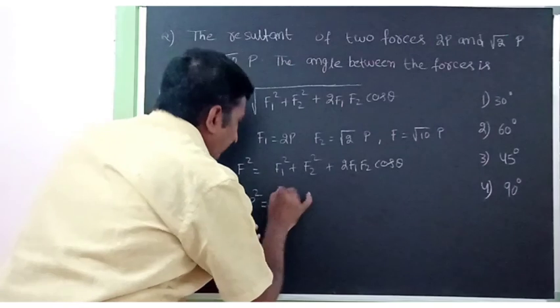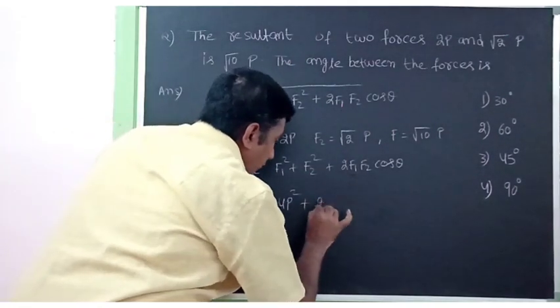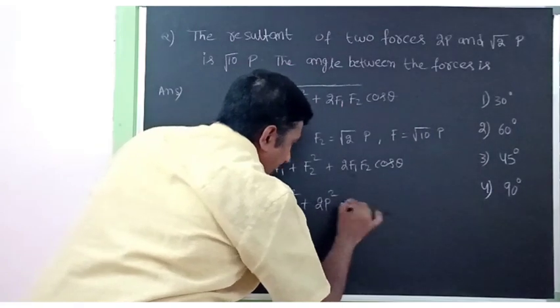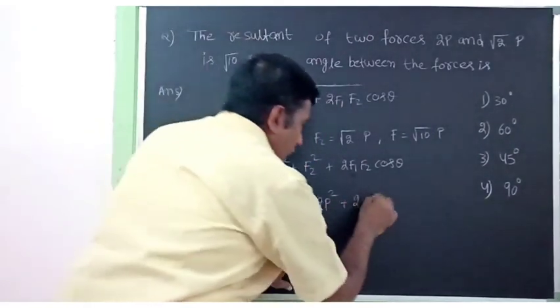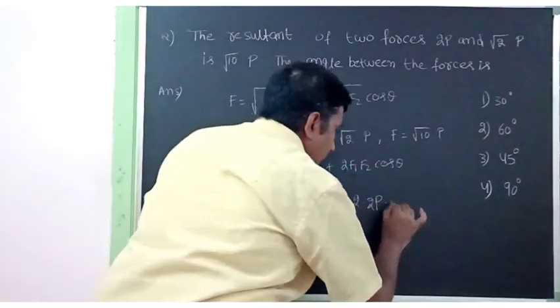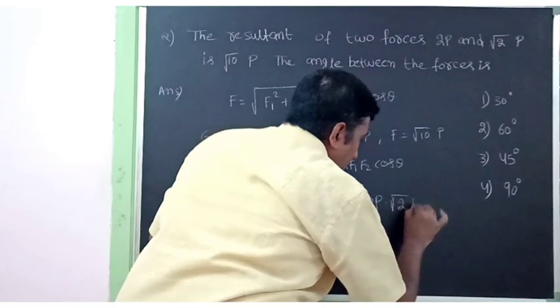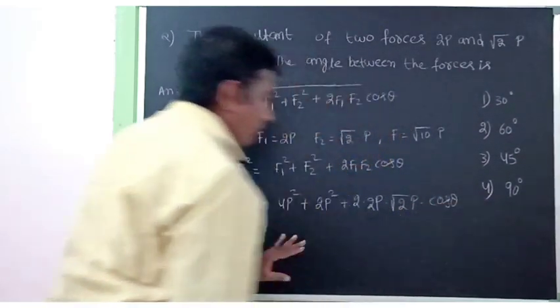What's the value of F1? 4P square. What's the value of F2? 2P square, plus 2 into F1, F1 value is 2P, into F2, F2 value is root 2 into P. So here we should have to find out the theta value.